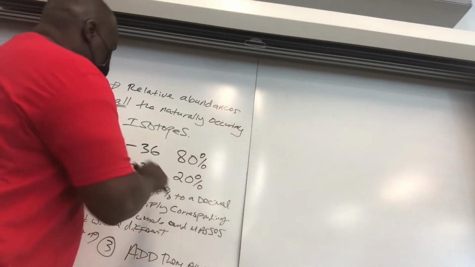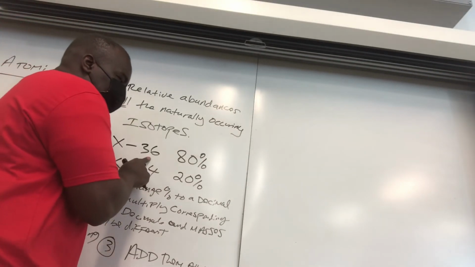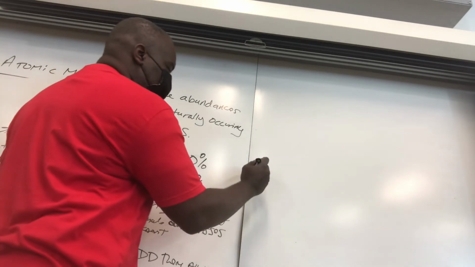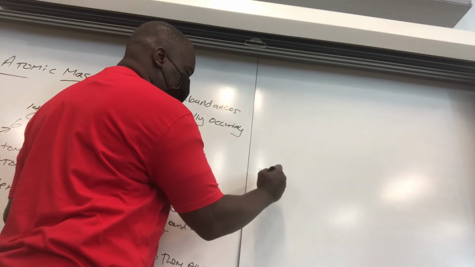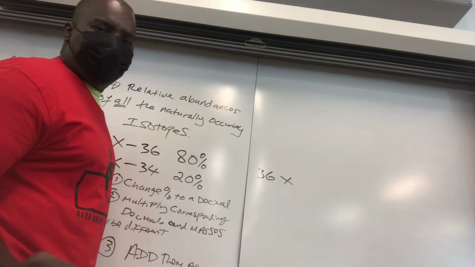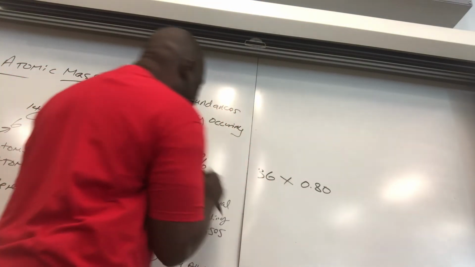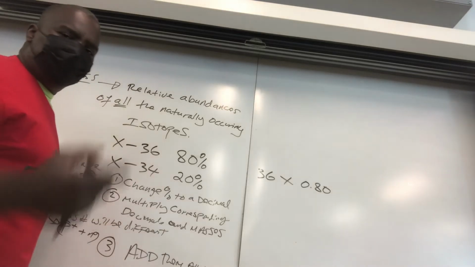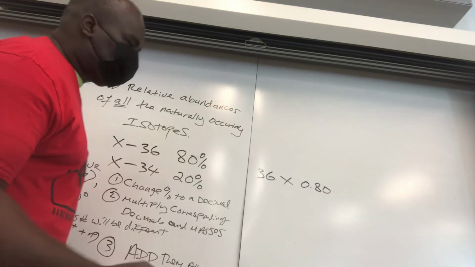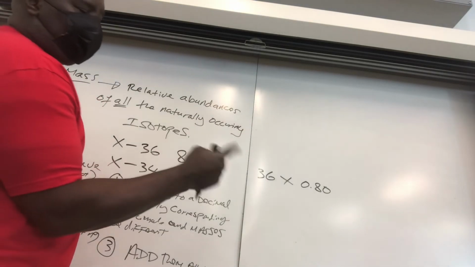So let's do that right now. For X-36 at 80%, you're going to have 36, but instead of times 80%, you're going to have 0.80. How do you get 80% to be a decimal? You divide by 100, so simply two places to the left.